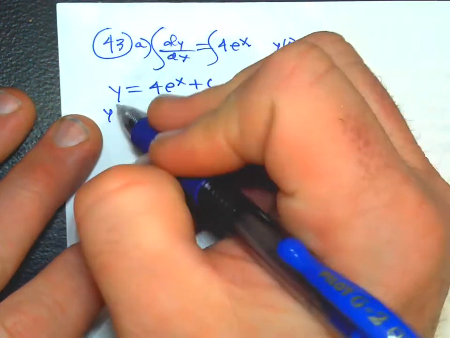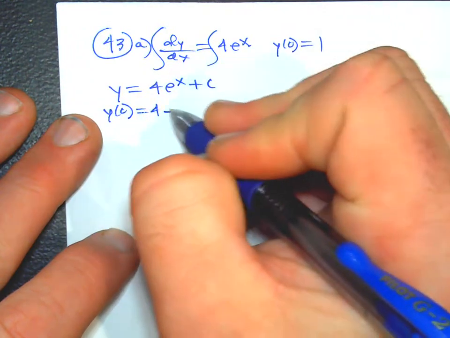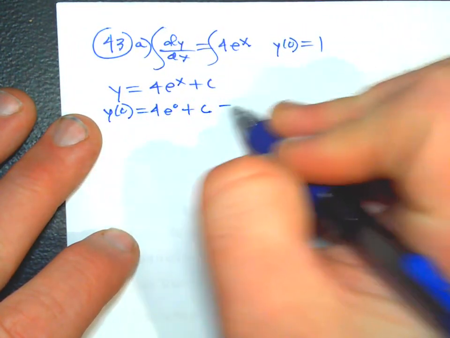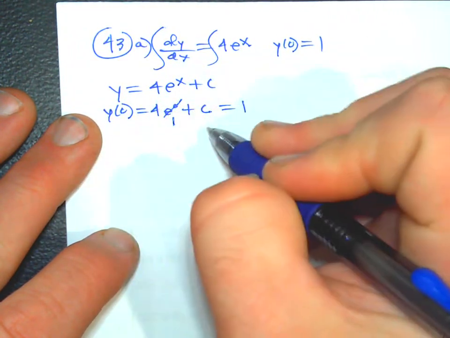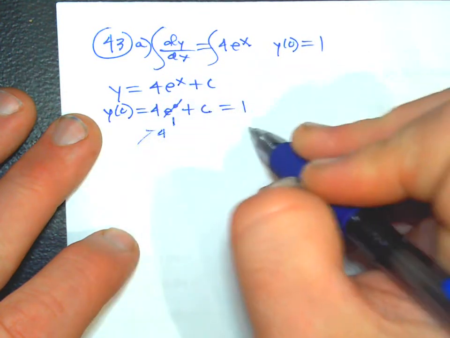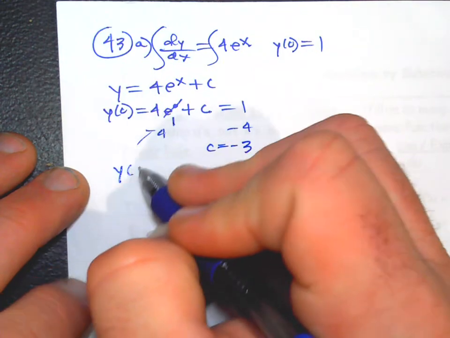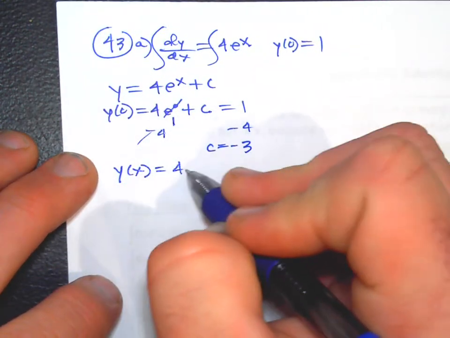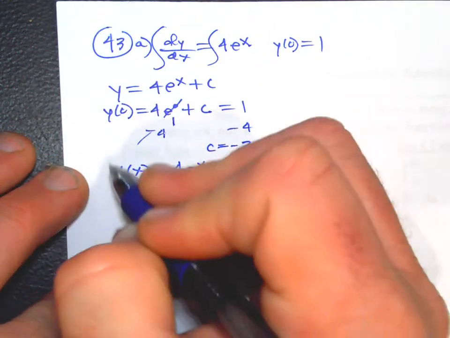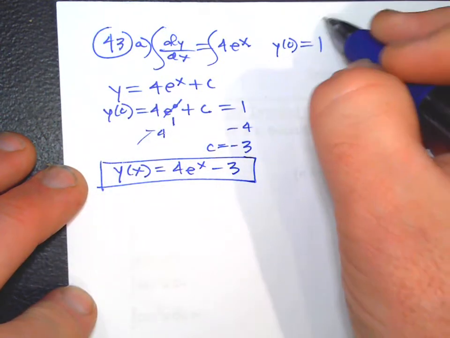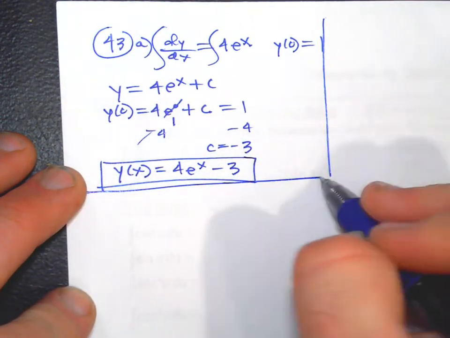Then we plug 0 in, and it should equal 1. e to 0 is 1 times 4. So we're going to subtract 4 from both sides. C equals negative 3. So y of x equals 4e to the x minus 3. Right? So that's part A.